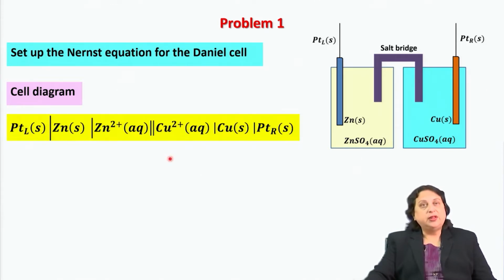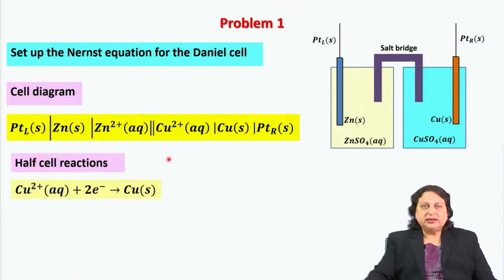So, can I now write down the half cell reactions? Let us write down the half cell reactions in the convention of reduction. When I have copper 2 plus aqueous, it can accept 2 electrons and get converted to copper solid. The standard data tells me that there will be a standard reduction potential for this half cell reaction, and I know from the standard data table this is plus 0.34 volt.